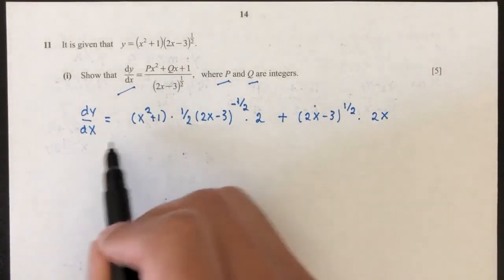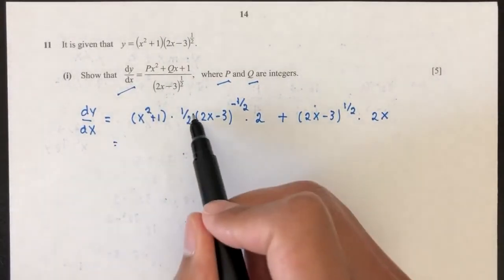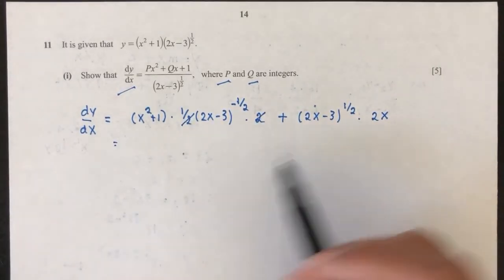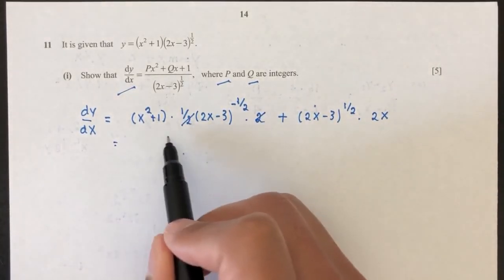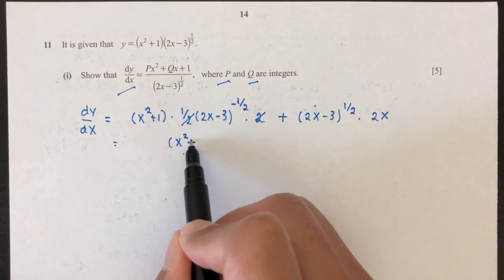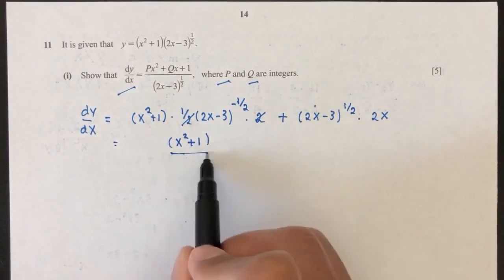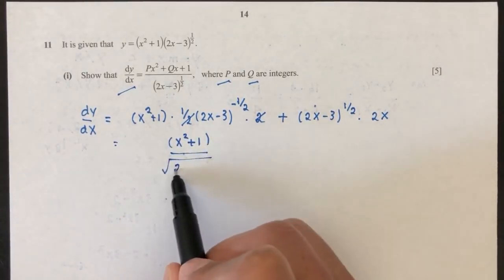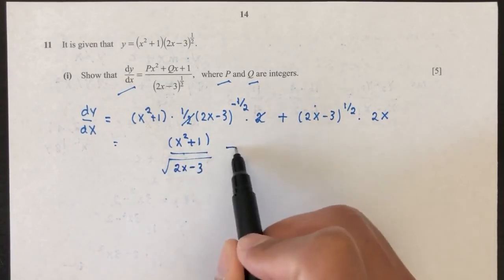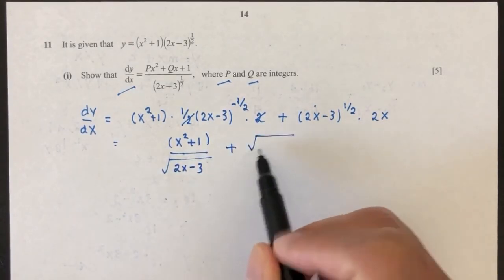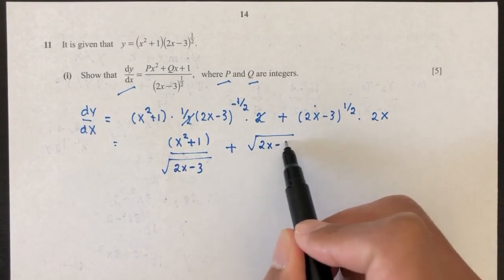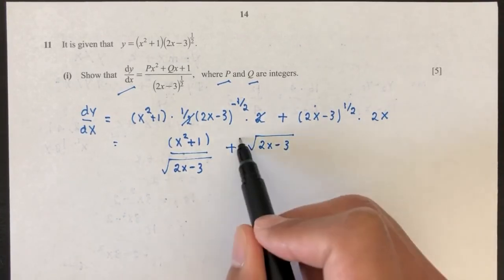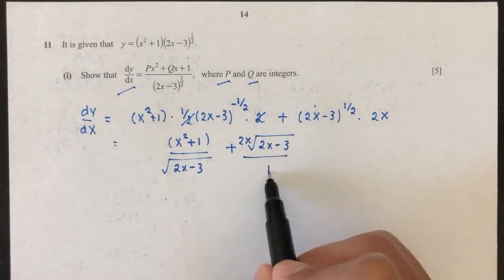So simplify, see what do we have. So 2 goes away. And here we have x over square root of 2x minus 3 plus square root of 2x minus 3. This will become 2x over 1.